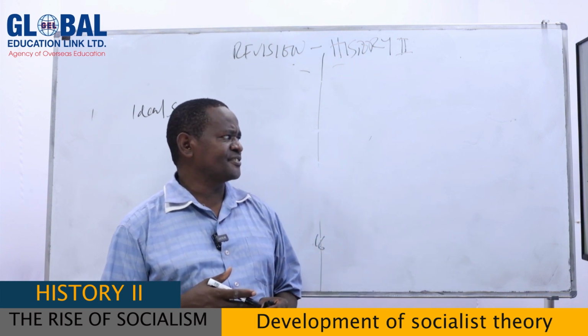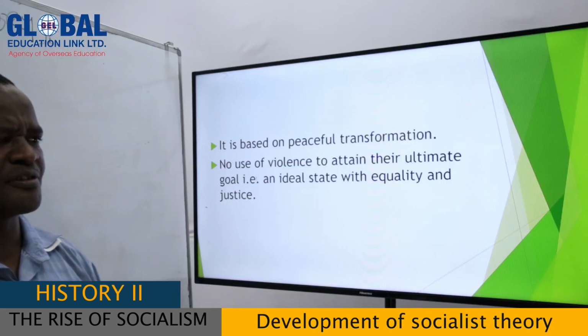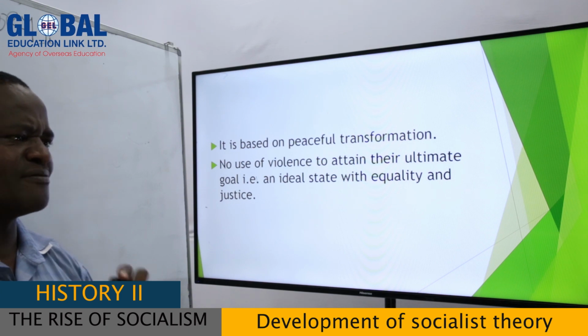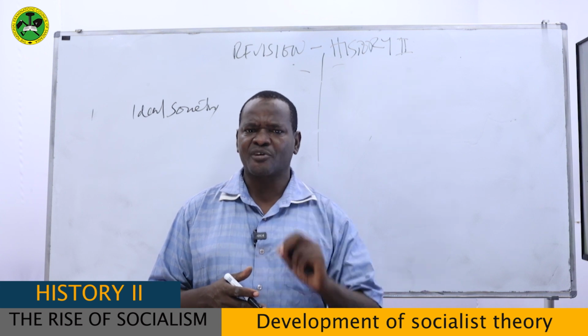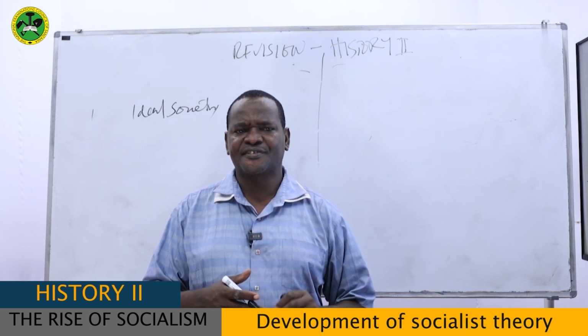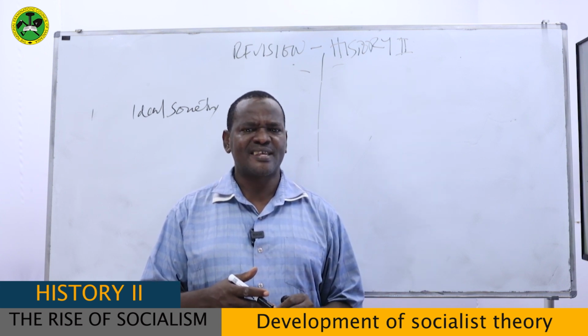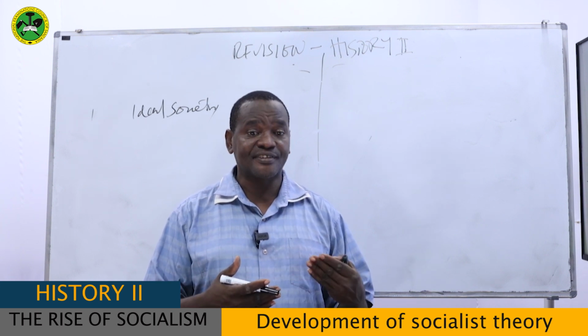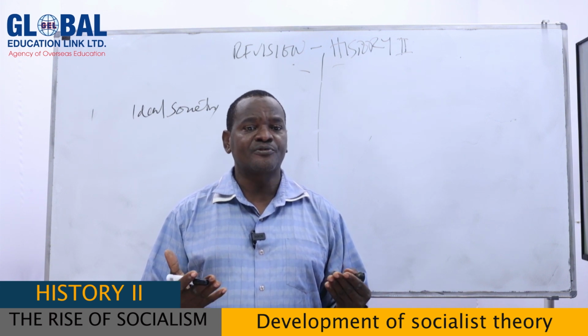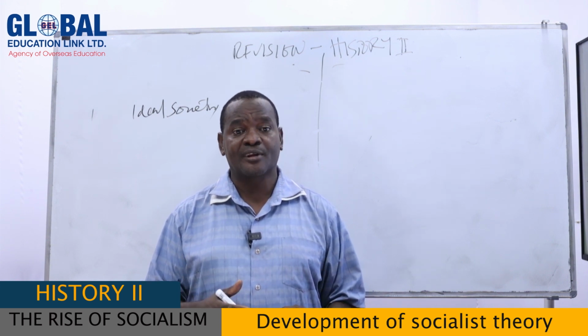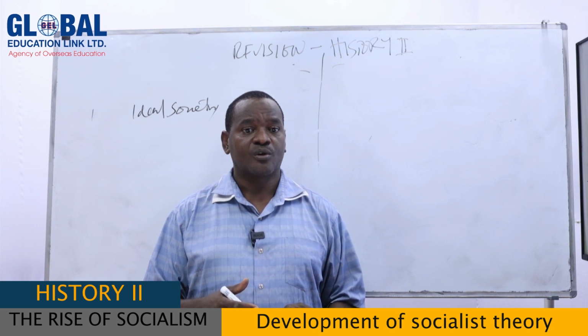The third characteristic is that it was based on peaceful transformation, as I've said. They never believed in class struggle. They never believed in violent revolution, as we are going to see in scientific socialism. They believed in a peaceful transformation. They believed that the capitalists and the workers can sit together and talk, and through reasoning, the capitalists will agree to give workers what they want.